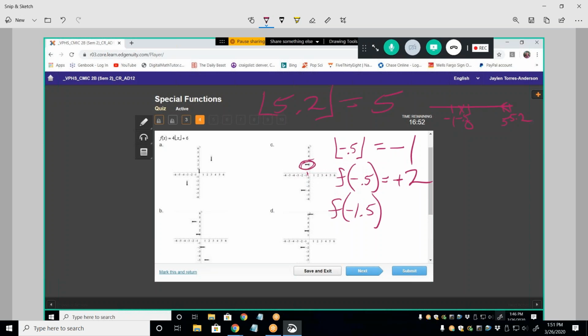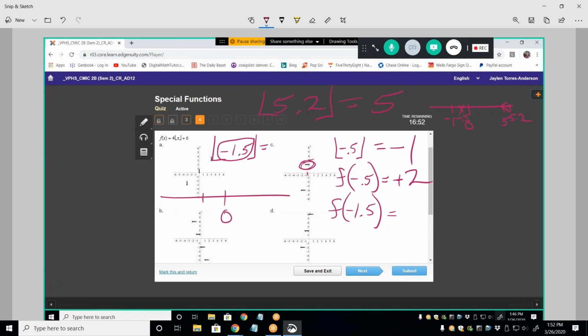So what would f of -1.5 be? First of all, what is this? Always do that part first. Here's what I want you to do. Start with that on the number line. And then go left until you find an integer. Always. Go left until you find an integer. Okay, here's my number line.